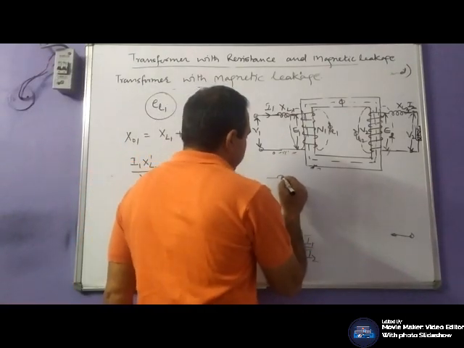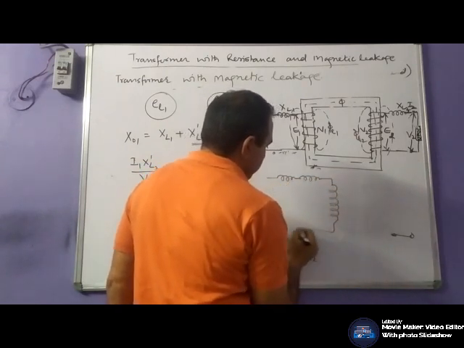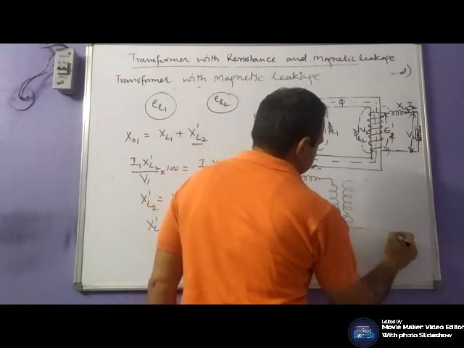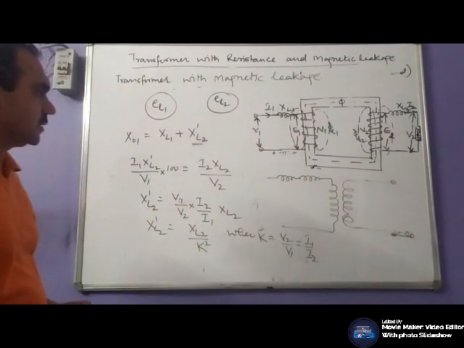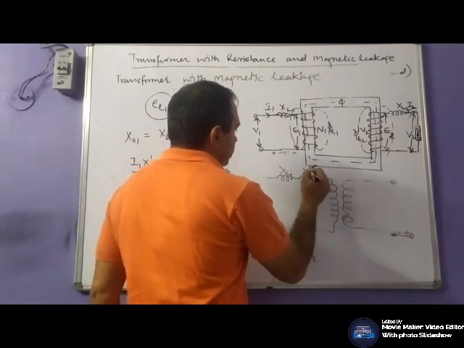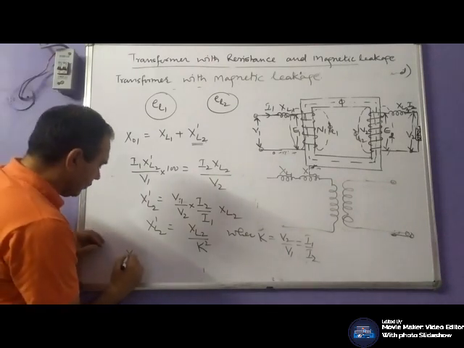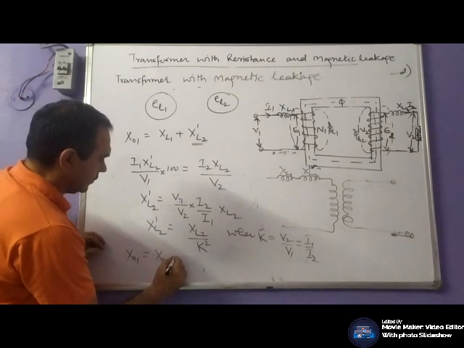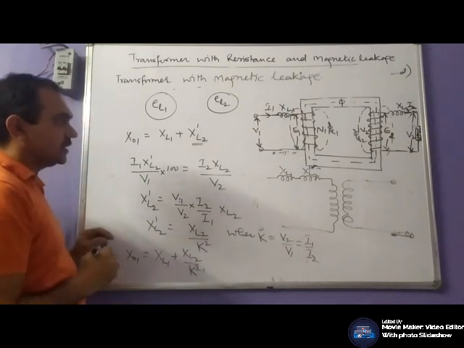Means we have transferred the reactance to the primary side. Now what would be the X01? XL1 plus XL2 by K square.